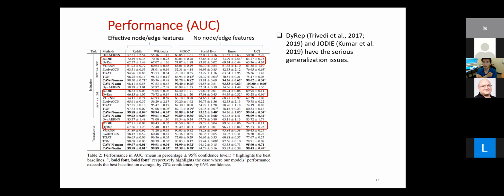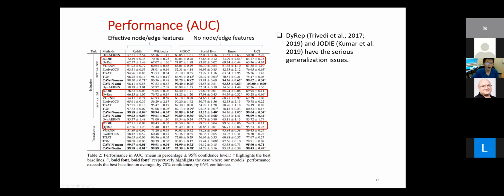And here is the performance. We extensively evaluated different models, in both the transductive and inductive settings. Just as we predicted, if you use a model that records node representations, such as DyRep and JODIE, you can see a significant drop in their generalization, or inductive, performance.